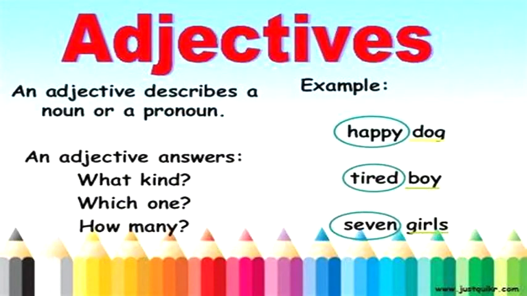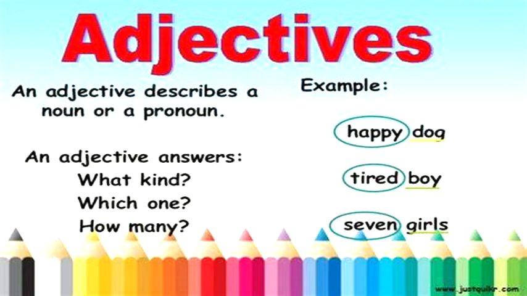Alright. Adjectives are basically those words that describe any noun or a pronoun. For example, they tell you what kind of a noun or pronoun it is. Like happy dog. So, what kind of dog? Happy. Tired boy.